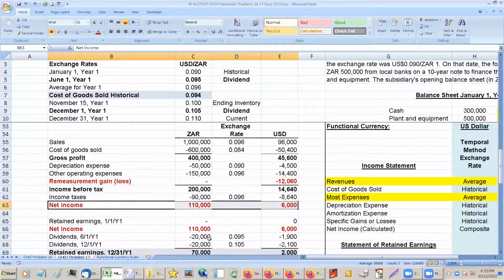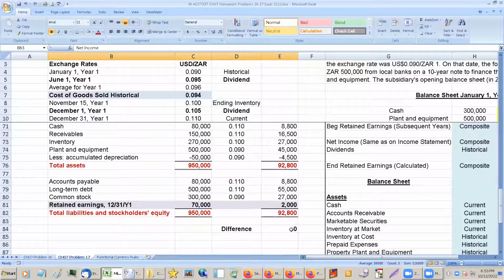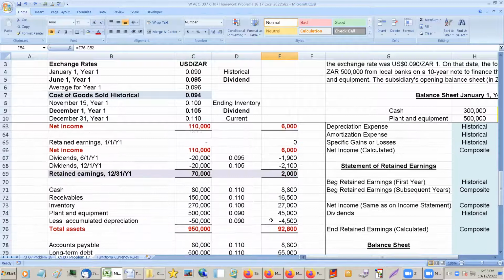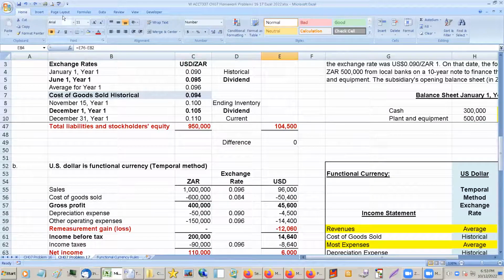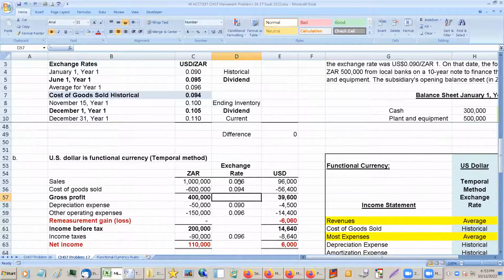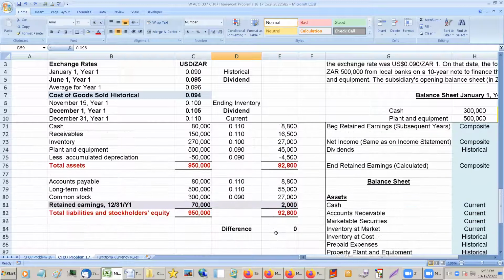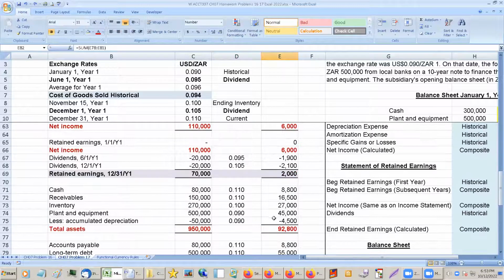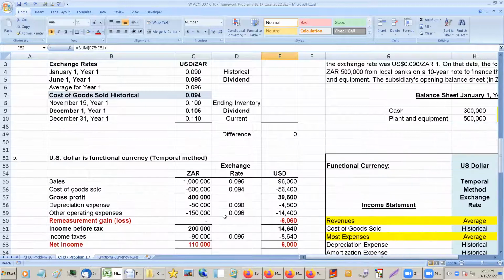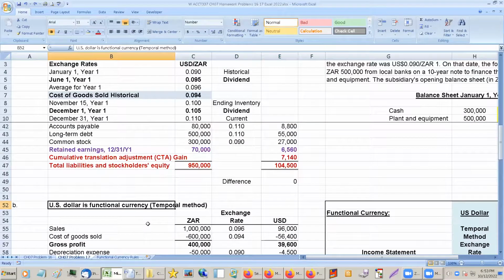It's kind of an unusual thing because it goes through the translations, and if you have a gain in the translations, it's going to put that in your retained earnings, which is going to make your difference even bigger. So it's kind of a strange thing when it comes to translating them, because translations turn into income, and the more income you have, the more difference you have. Now, it's only for this temporal method.